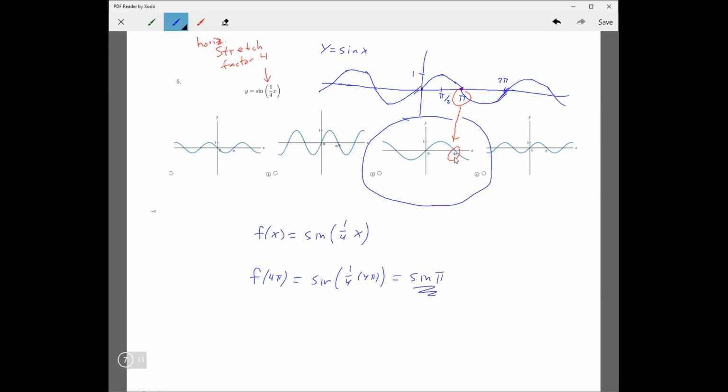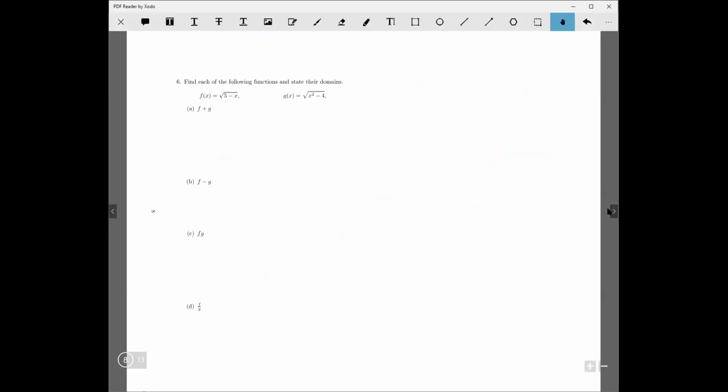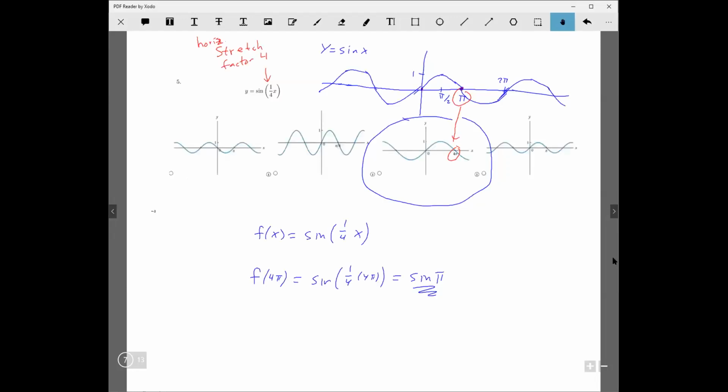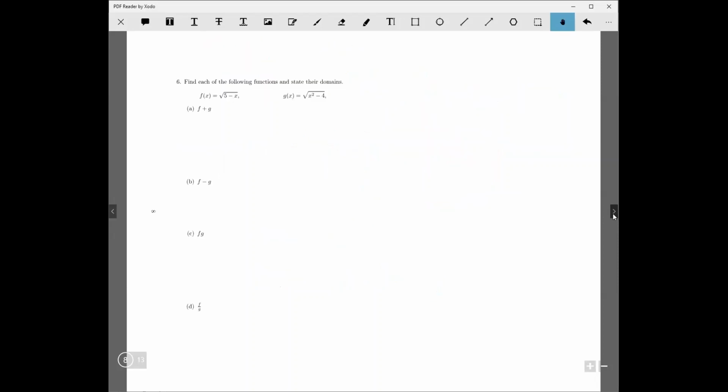So at 4 pi, you're getting the value that you're supposed to get at pi. If you had 2 pi, you're getting the value that you had at pi over 2, and so on. So that's why it stretches instead of the other way around. Okay. So that was the first part about transformations and stretching and shrinking.